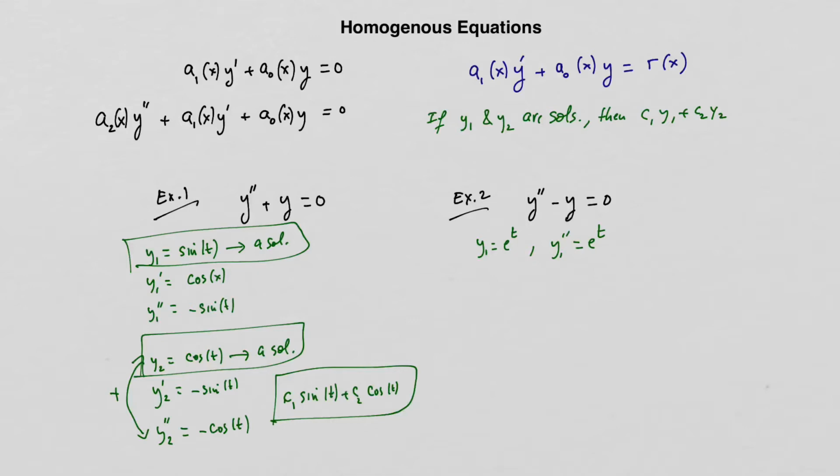So this is a solution. The other solution is e to the negative t. Again, if I differentiate it twice, and I subtract this one from this one, I get 0. So this is also a solution.